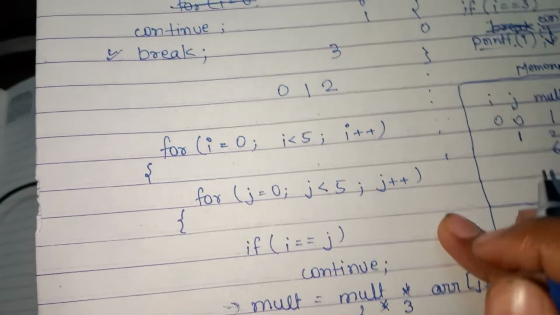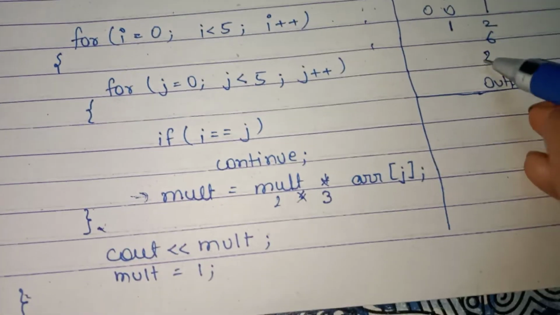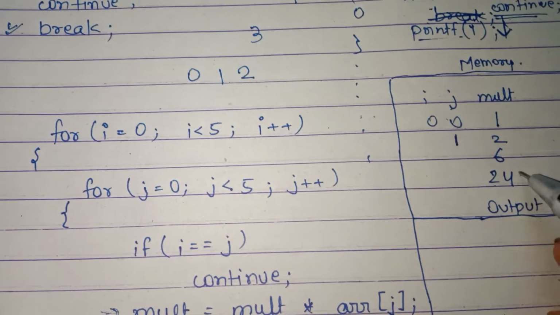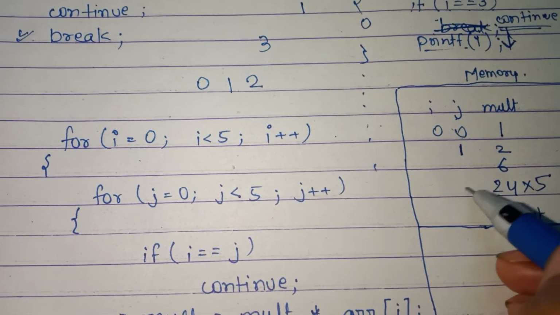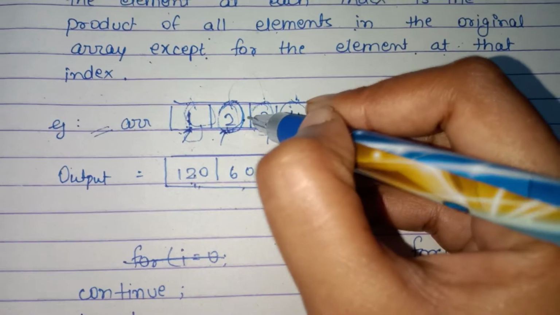Again j plus plus, it will denote this 4. 4 will be multiplied by this 6, so 6 fours are 24. And again j plus plus, it will denote this 5, and 5 will be multiplied by this 24 and it will become 120.